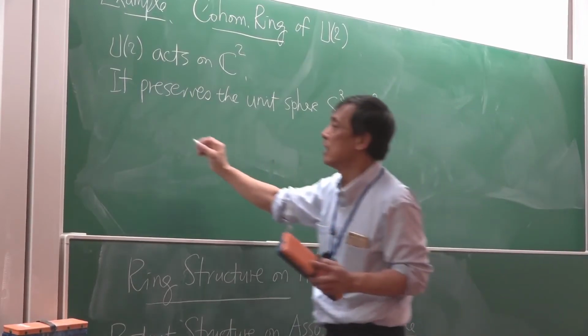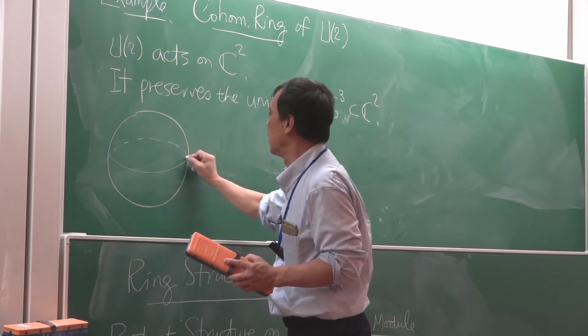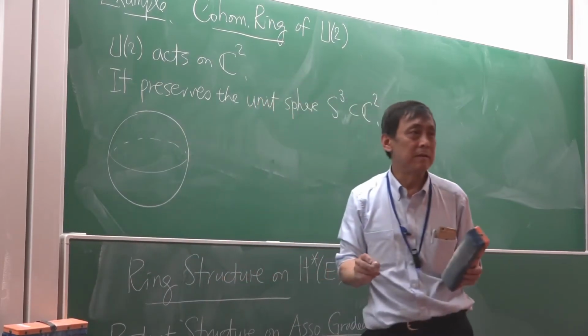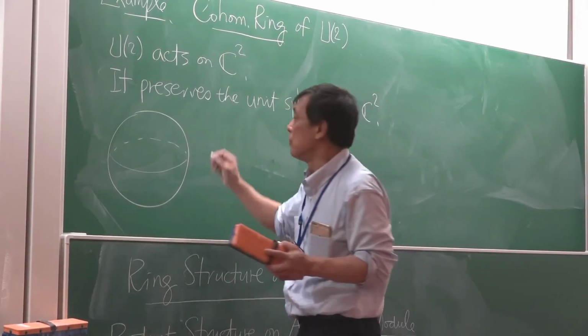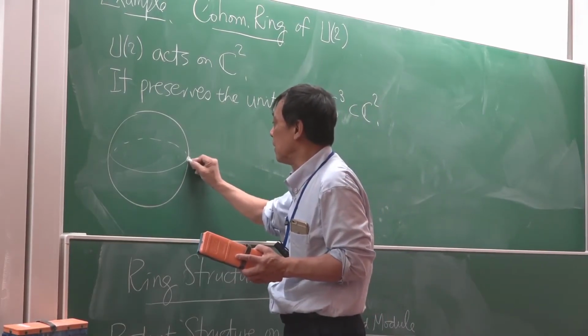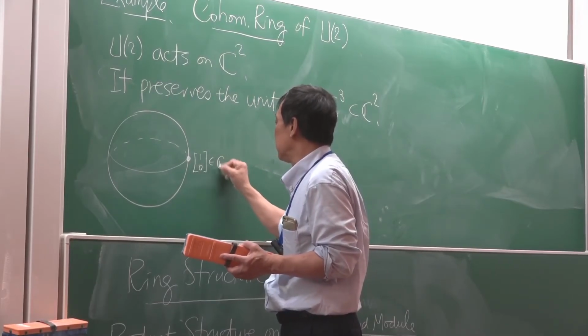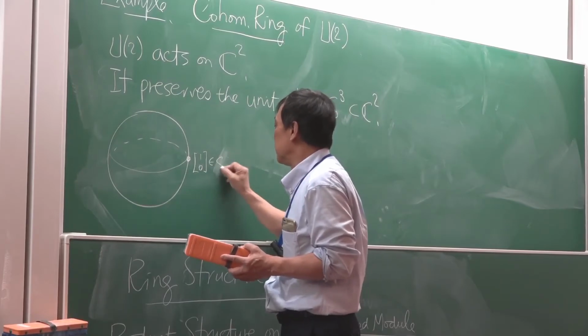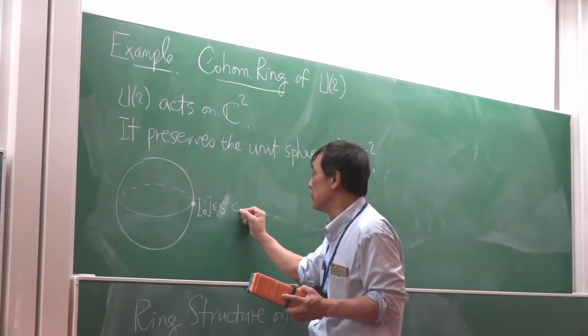Now, let's try to show that the action is transitive. So suppose you have (1, 0) in C2. Okay, that's in S3 in C2.